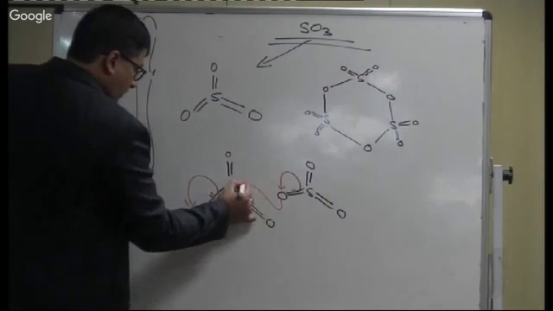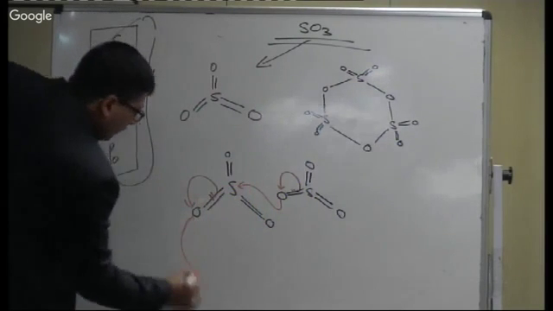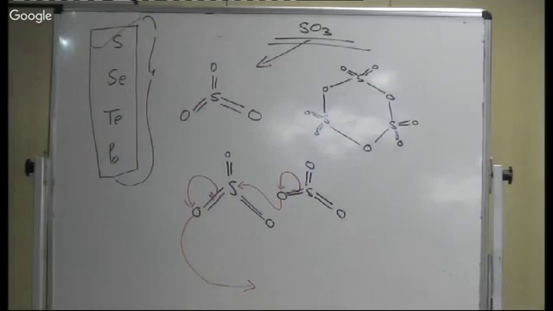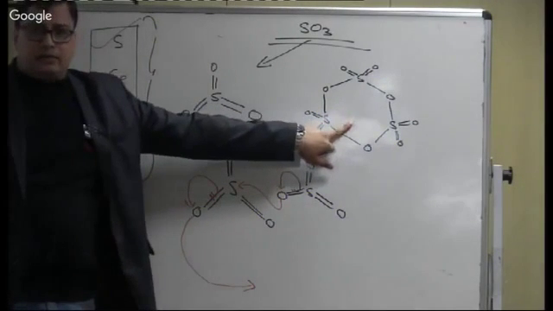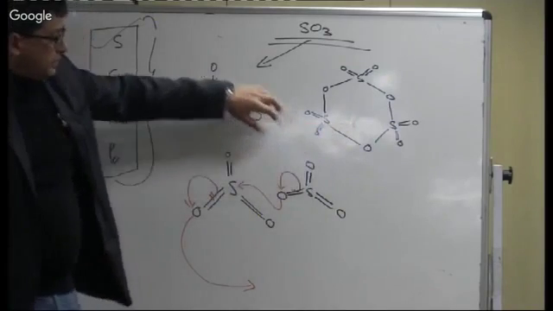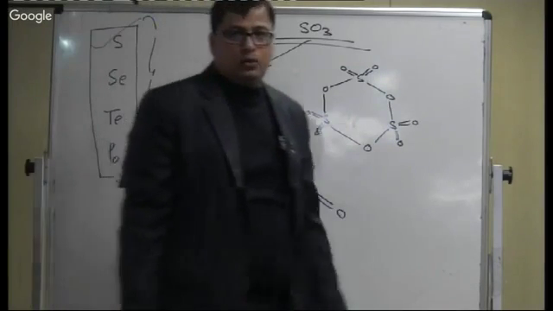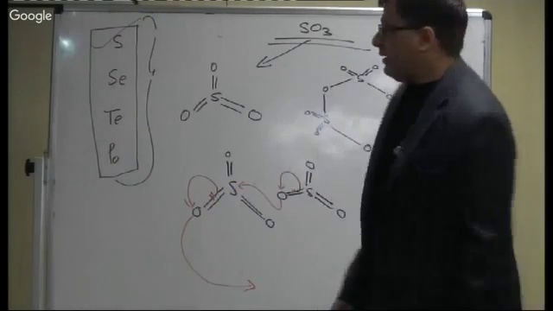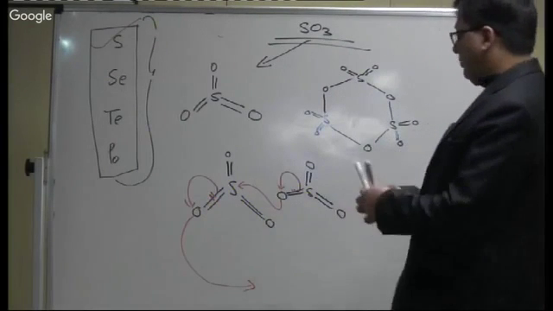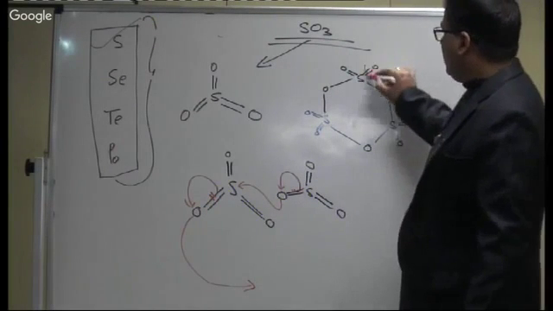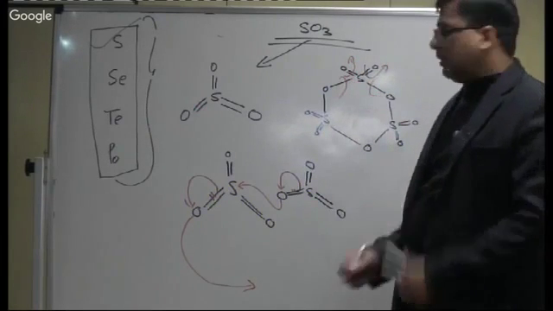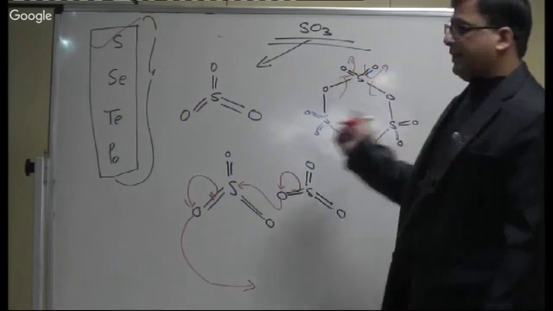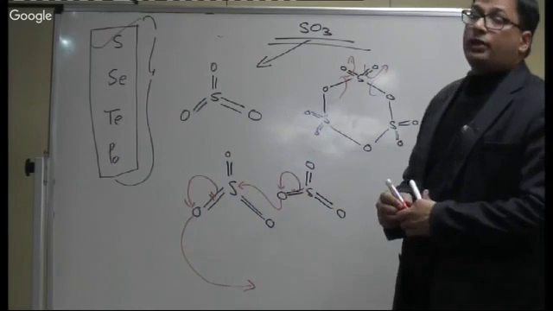This negative oxygen approaches another sulfur, and so on. This way they form a cyclic compound in which each sulfur has 2 double bonds, and the oxidation state remains constant. This is not a redox reaction. If you calculate the oxidation state, all sulfur atoms are +6. This is simple addition of 3 monomeric units of SO3.